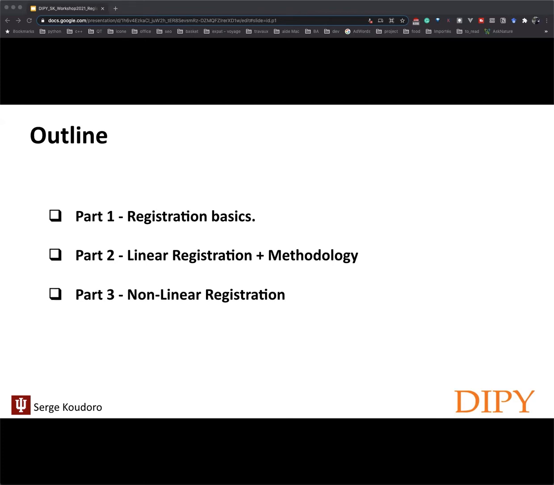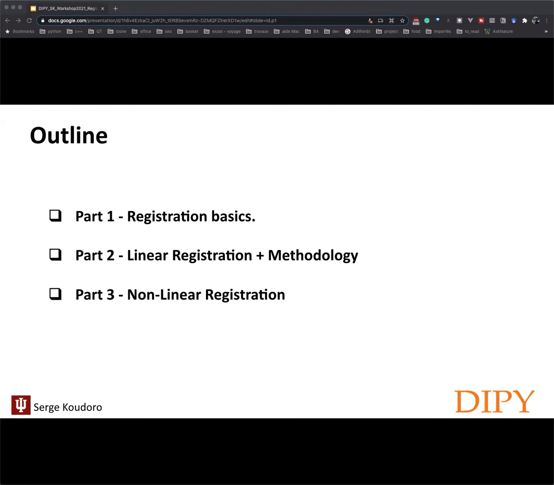From transformation to optimizer and including metrics, we will decompose every step of the registration process and see how we can use it with DIPY. In part 3, we will review some advanced transformation models, and specifically the diffeomorphic model that we have implemented from scratch in DIPY.